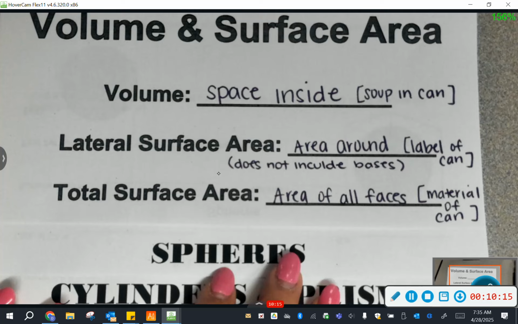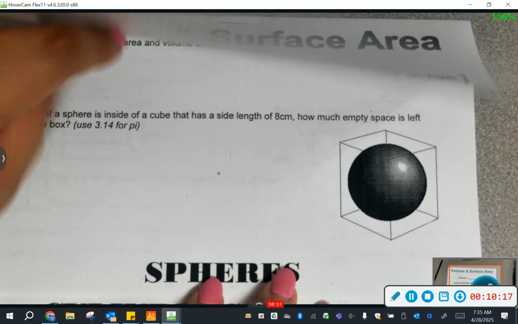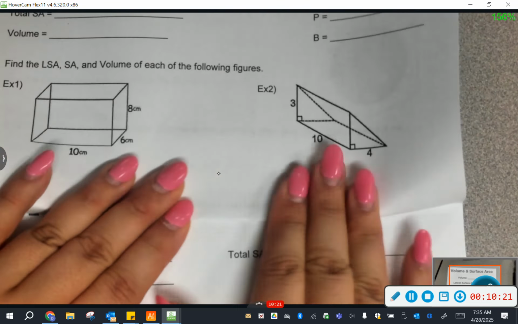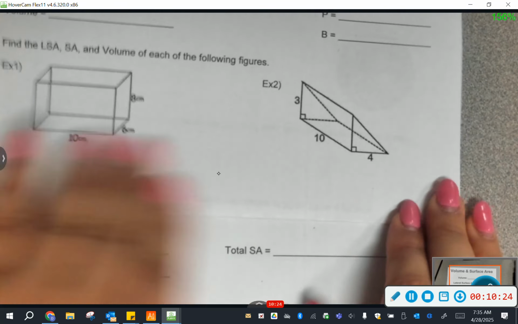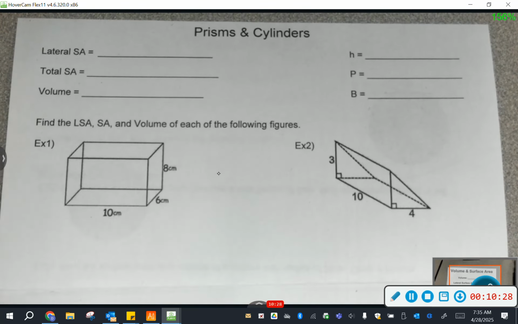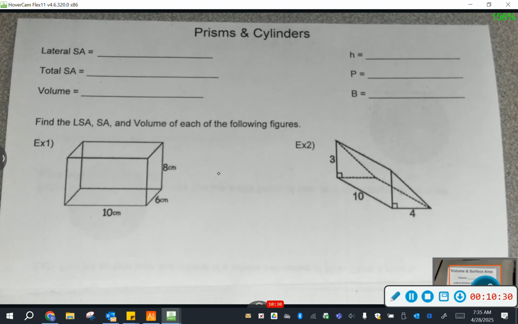We're going to do spheres tomorrow, so flip to 1, 2, and make sure you go to cylinders and prisms, because that's what we're doing today. Now, just like last unit, are you going to have to memorize these formulas?